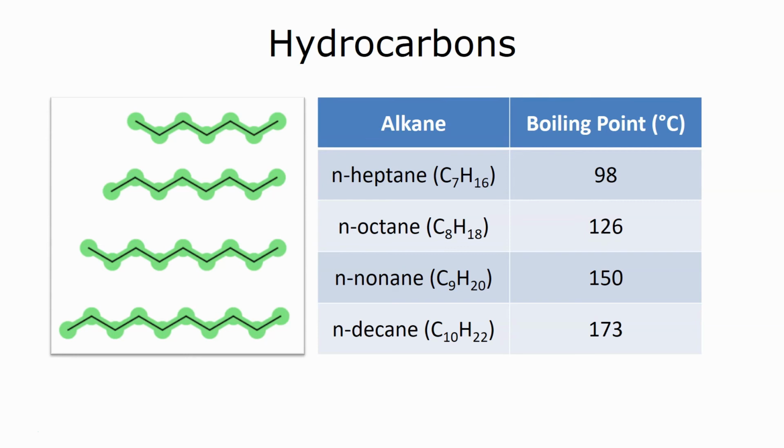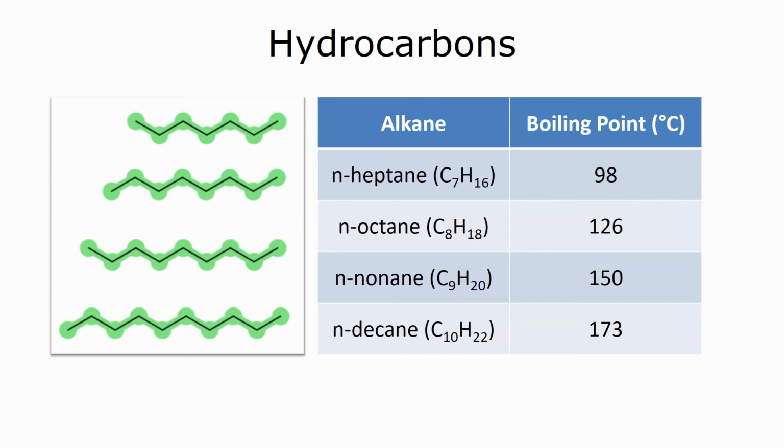Now, as we have more and more carbons and hydrogens, as we go from a 7-chain hydrocarbon all the way to a 10-chain hydrocarbon, we notice the boiling points are going up. Why is that? Well, the longer the chain, the more surface area we have. The more surface area, the more London dispersion attractive forces we're going to have.